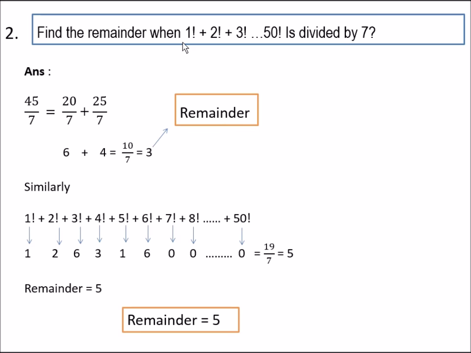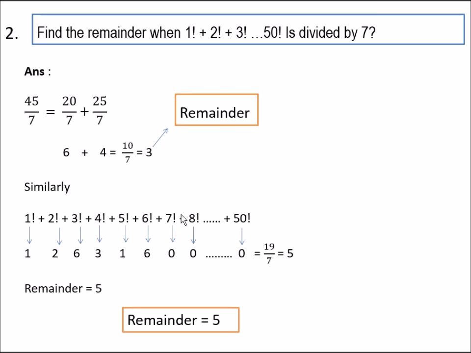Similarly, first find out the remainder when 1 factorial is divided by 7, that is 1, and 2 factorial is 2, and for 3 factorial it is 6, and for 4 factorial it is 3, and for 5 factorial 1, 6 factorial 6, and for 7 factorial it is 0.